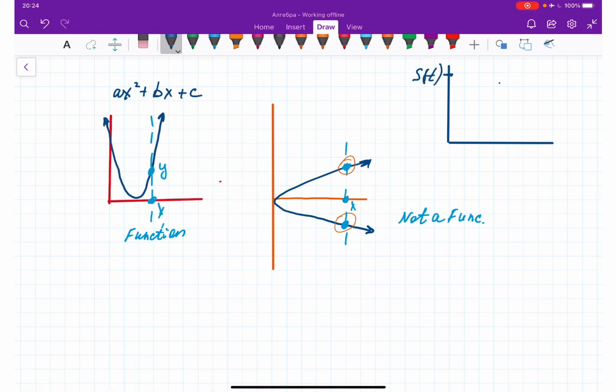This is t, time, and s is a distance. So starting from a home, which is 0 point, let's say the student is going to university, yes?